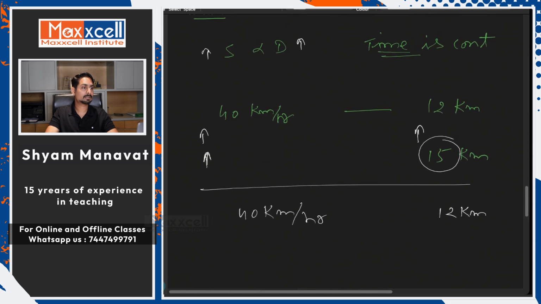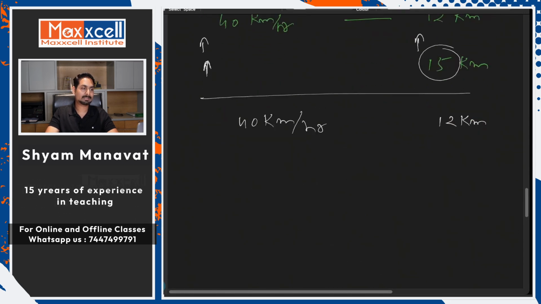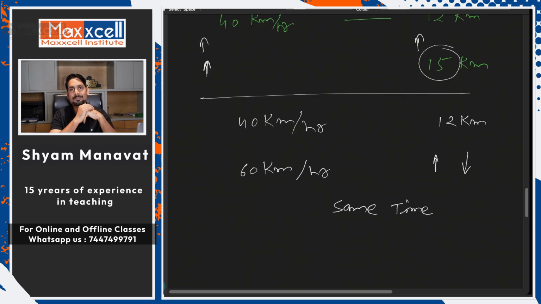We are trying to learn, if I increase the speed and travel at 60 kilometers per hour in the same time as previous, will I be able to cover more distance or less distance?